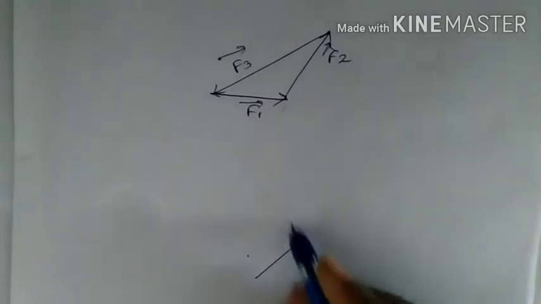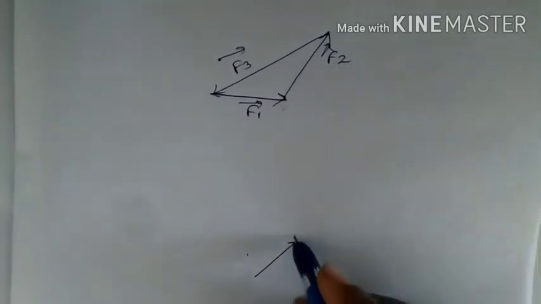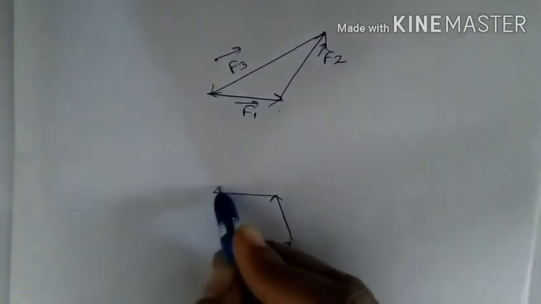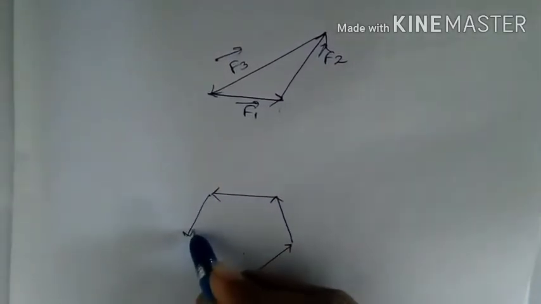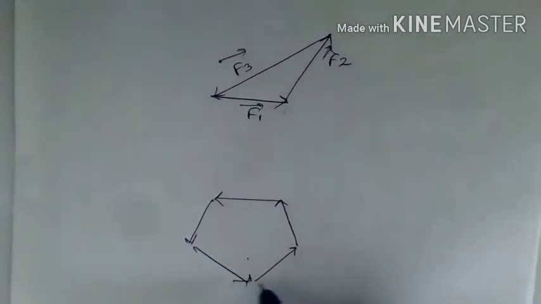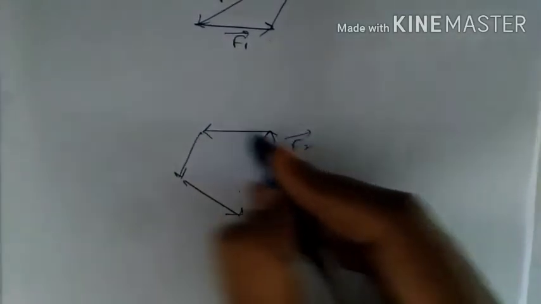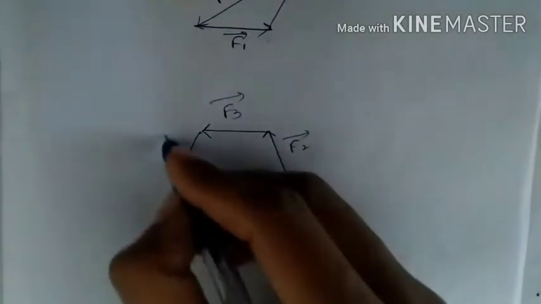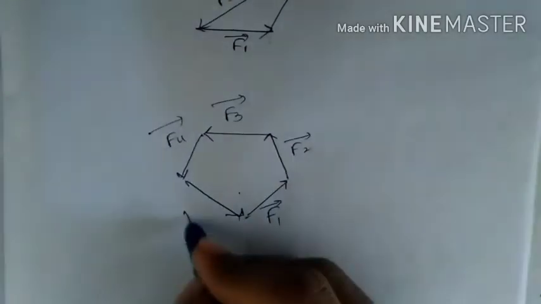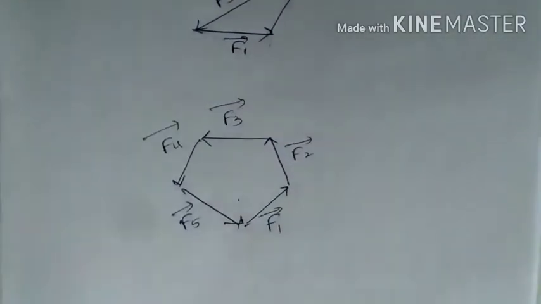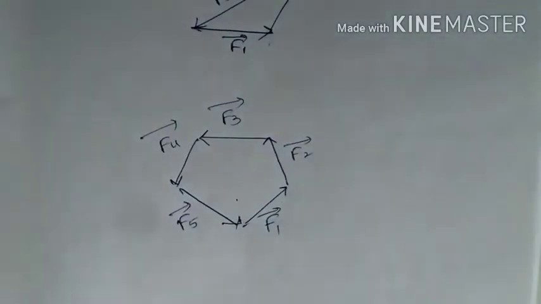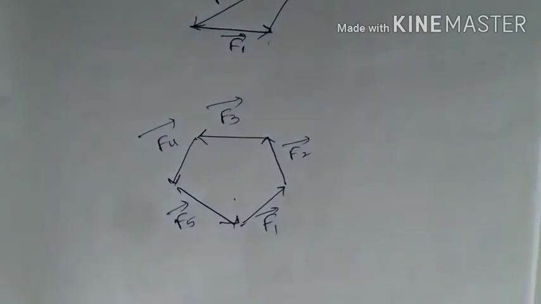So 1, 2, 3, 4 and 5. So this is F1, F2, F3, F4 and F5. So these are the 5 different sides of the pentagon. So a pentagon is again a polygon.